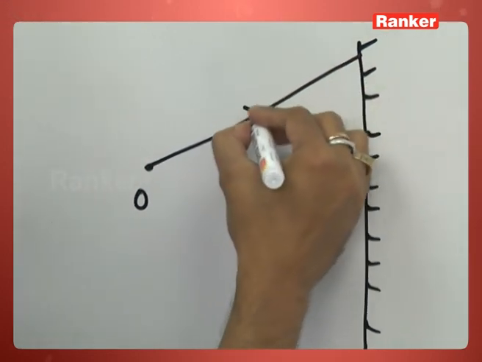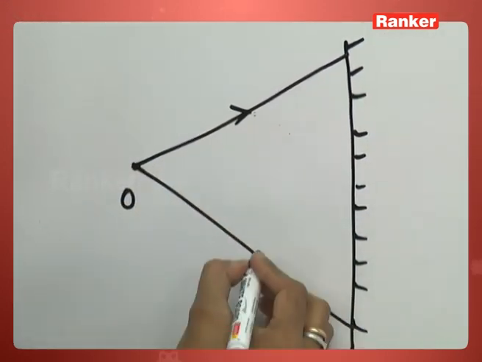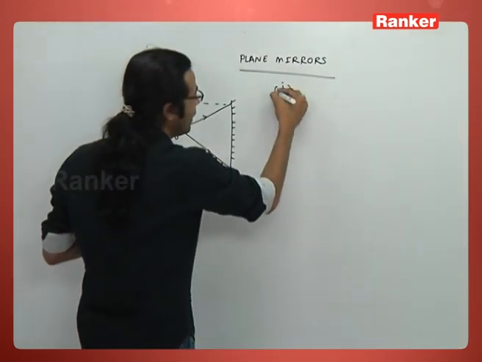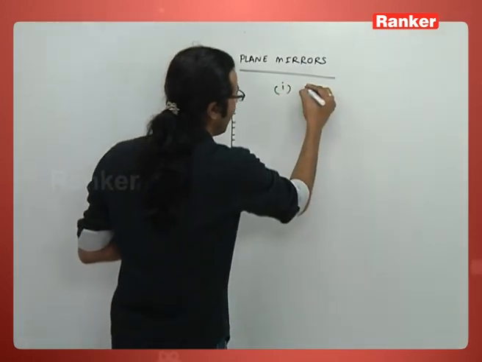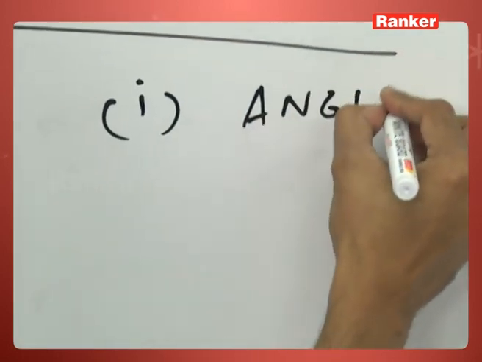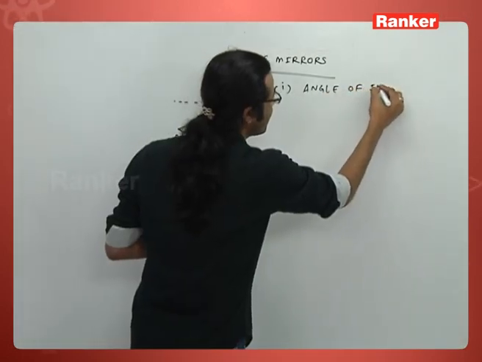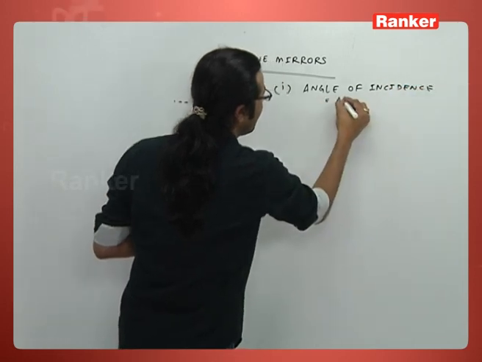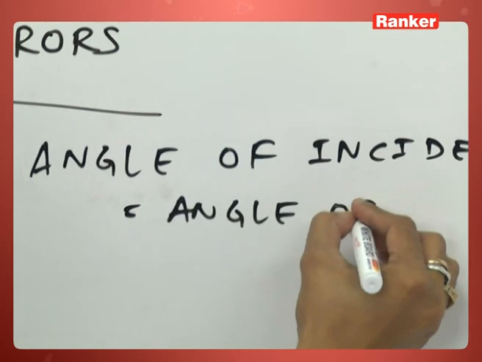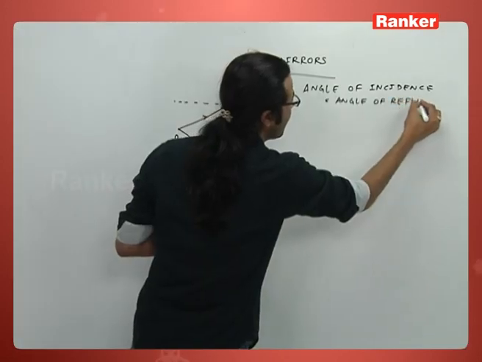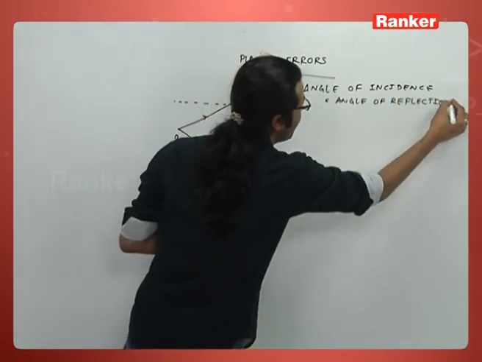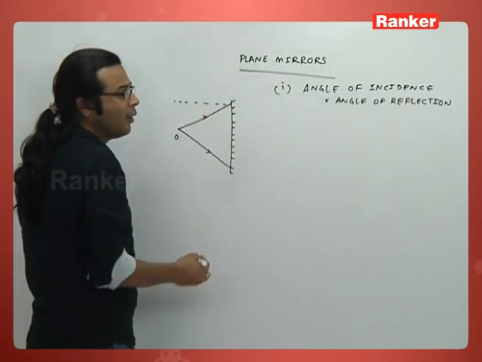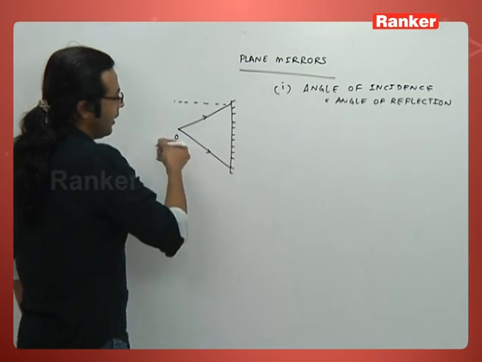The light rays go in this way, and the first phenomenon, the definition of plane mirror: angle of incidence is equal to angle of reflection. And here we are going to understand the properties of plane mirror by saying angle of incidence is equal to angle of reflection. We draw a normal to the incident ray.